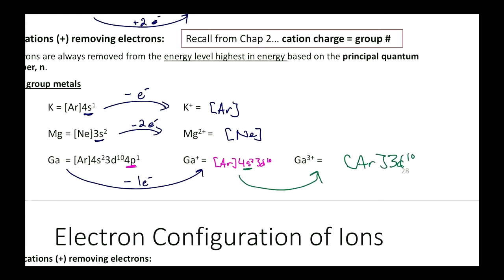Those 3d10 electrons are all paired up, 10 of them. It's really stable, so a really large amount of energy is required to pick those 10 off because they're all paired. So you're not likely to lose more electrons. So you see how gallium can form +1 and +3. Okay, all right.